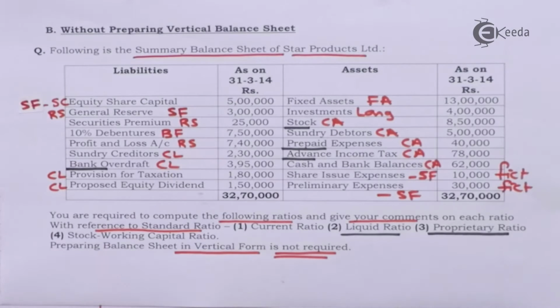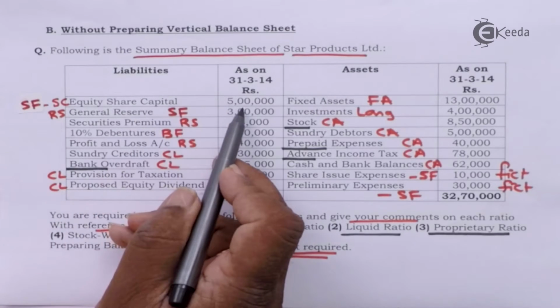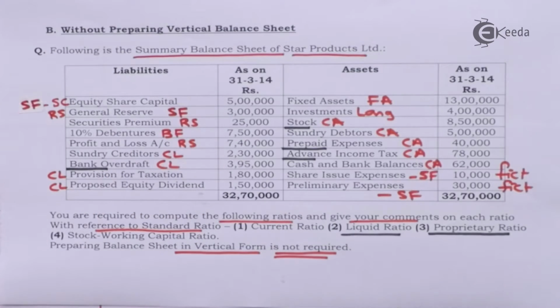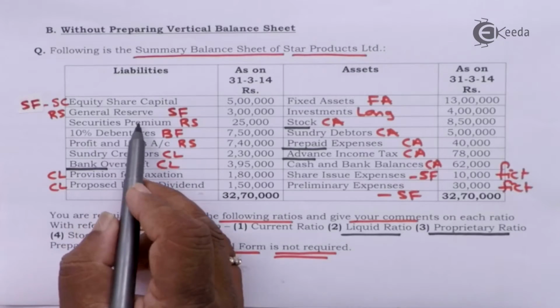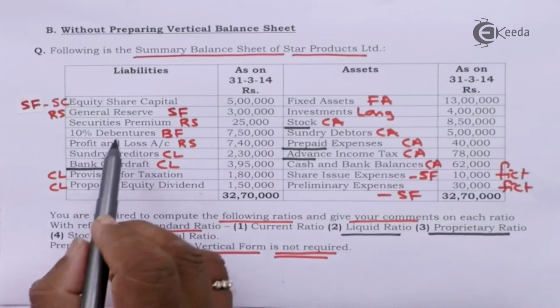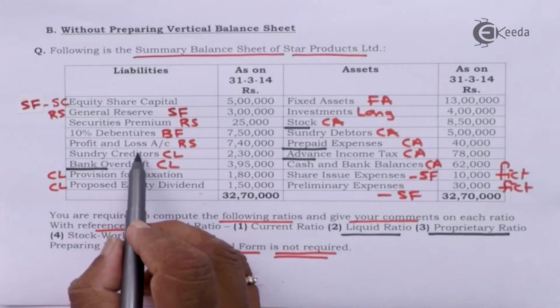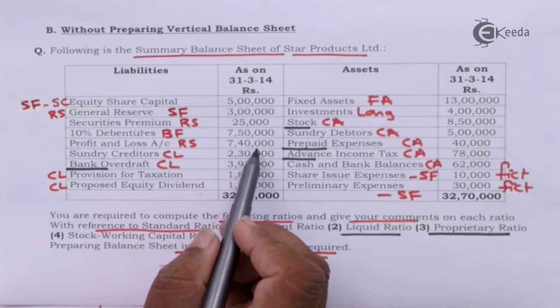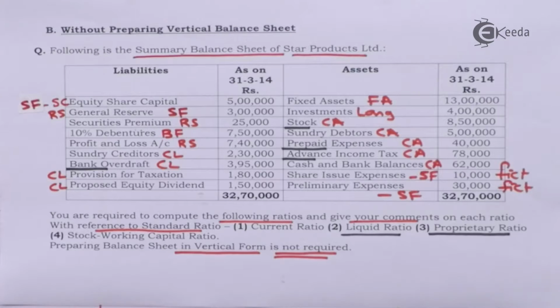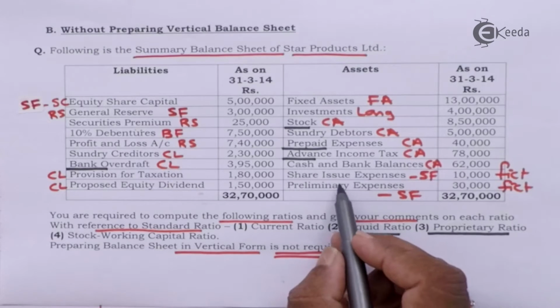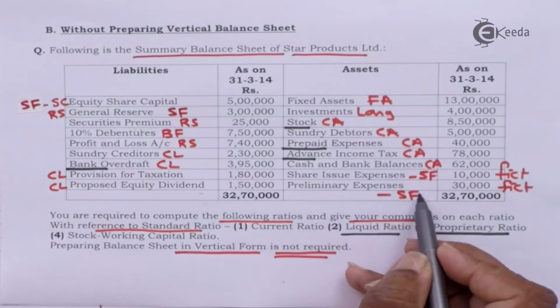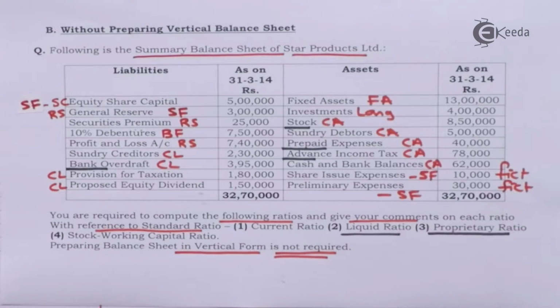For calculation of proprietor's fund, we will consider equity share capital 5 lakhs, add reserves and surplus: general reserve 3 lakhs, securities premium 25,000, profit and loss account 7 lakh 40,000, minus fictitious assets: share issue expenses 10,000, preliminary expenses 30,000.